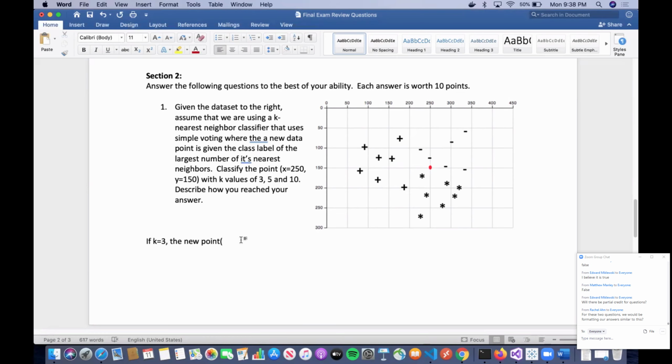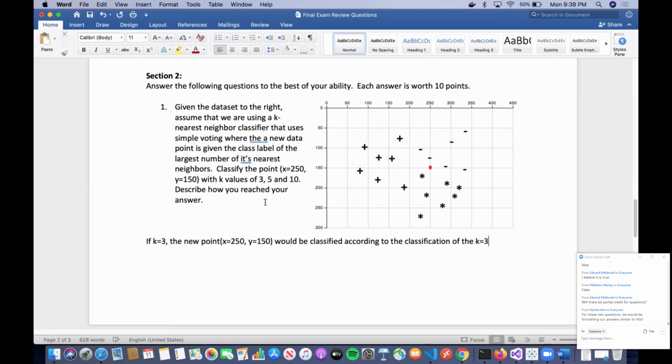And if we have k set to 3, our new point, x equals 250 and y equals 150, will be classified according to k equals 3, because that's what we said.